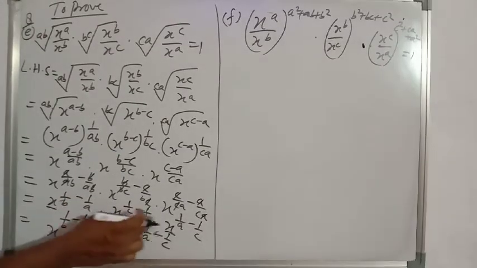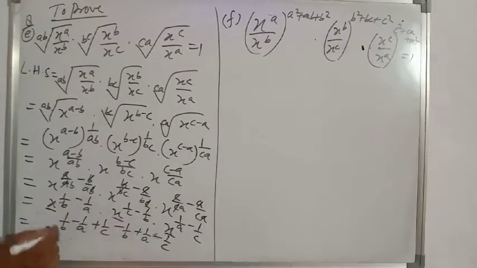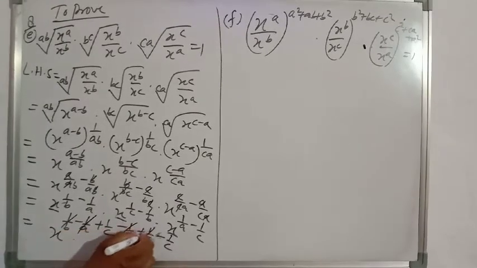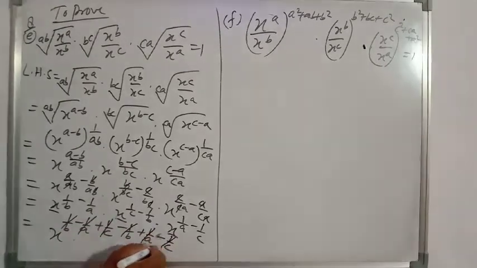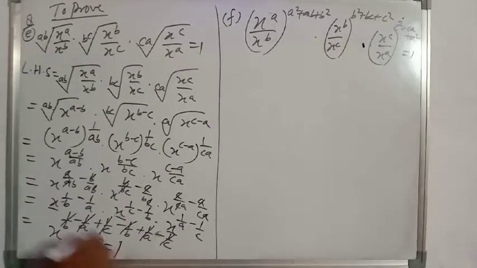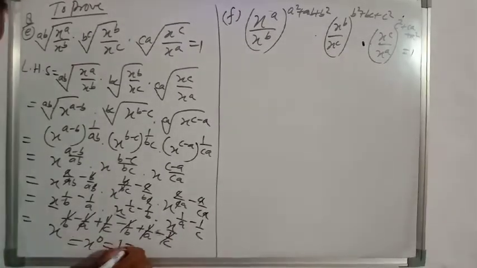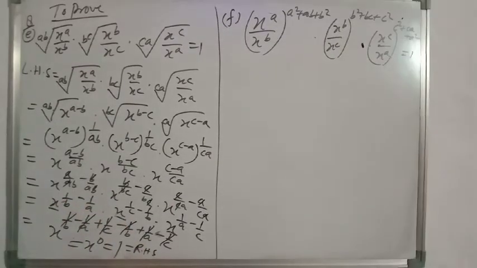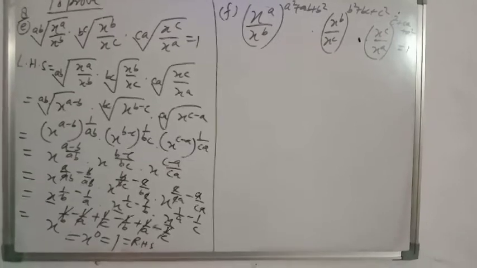We add the powers because the base is the same. So 1 by b cancels with minus 1 by b, minus 1 by a plus 1 by a, plus 1 by c minus 1 by c. We get x to the power 0, and the value of x to the power 0 is equal to 1. So it is the right hand side. This is the E part.